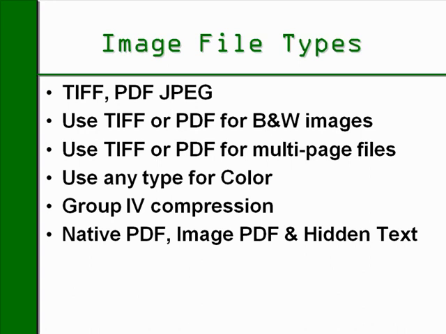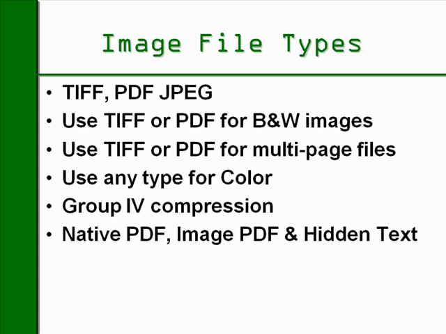There's 3 different types of image files that SimpleIndex can output. There's TIFF, PDF, and JPEG. TIFF and PDF are both suitable for black and white images. JPEG is completely not suitable for black and white images. Do not use JPEG with black and white documents because, first, it encodes the color information whether it's present or not.